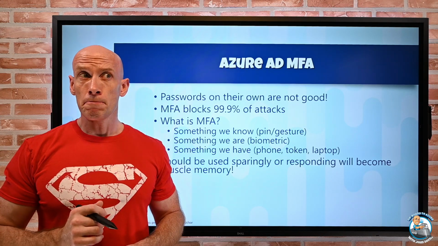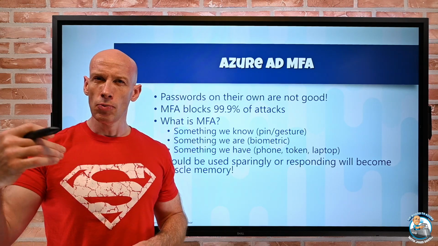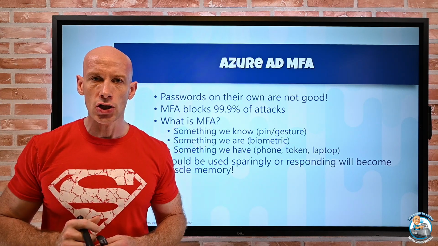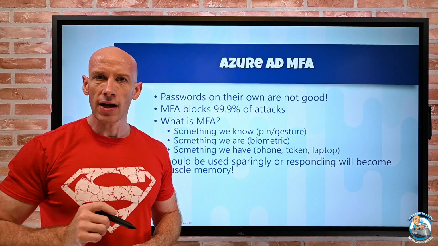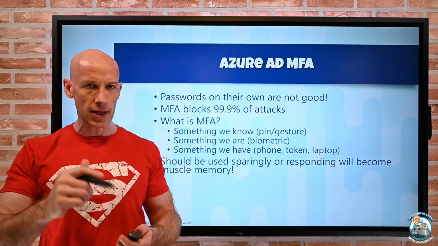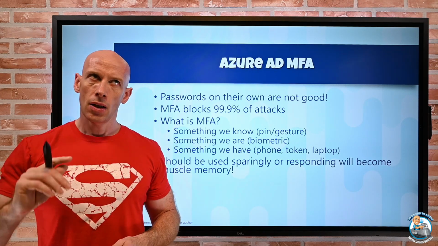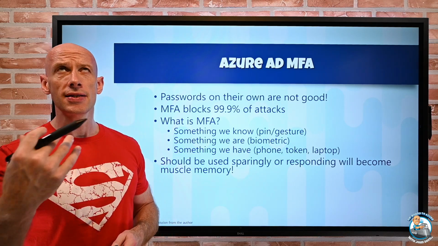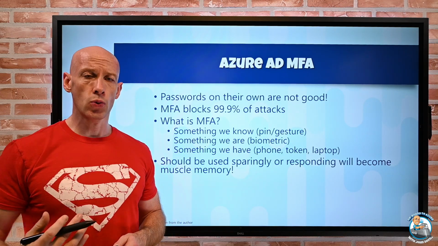I want MFA if I'm accessing something that's more secure, I'm doing a PIM elevation, I'm accessing this secure application. That's the recommendation for MFA. Don't just constantly bombard people for MFA. They'll just get muscle memory and accept it. The recommendation is I detect there's some anomalous behavior, something different. That's when I require MFA.